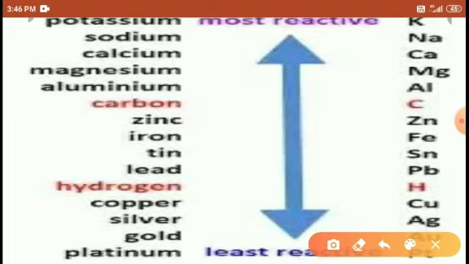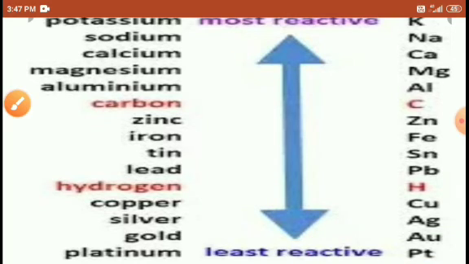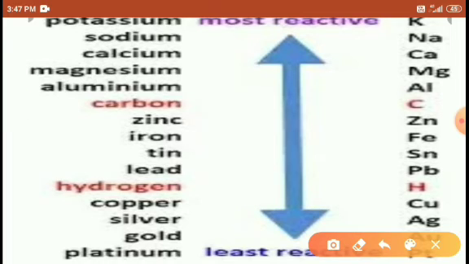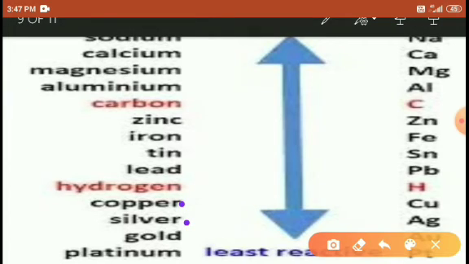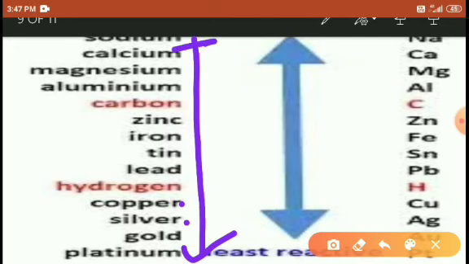Look at it, students, the metal reactivity series that scientists have explained. In this series, potassium is more reactive than sodium, sodium is more reactive than calcium, and calcium is more reactive than magnesium, right? Reactivity decreases from top to bottom.